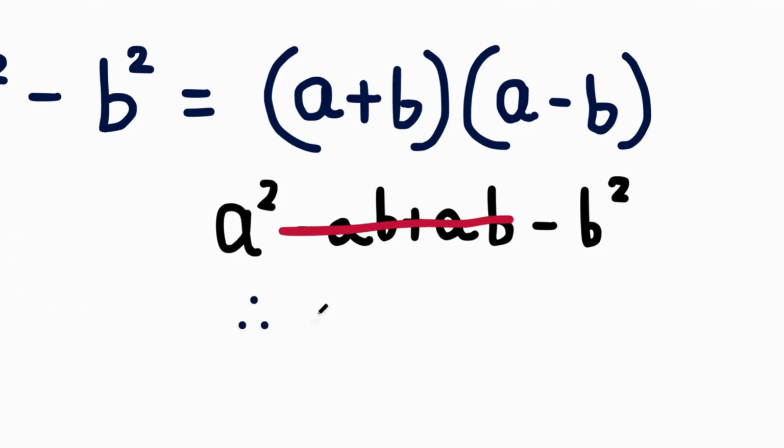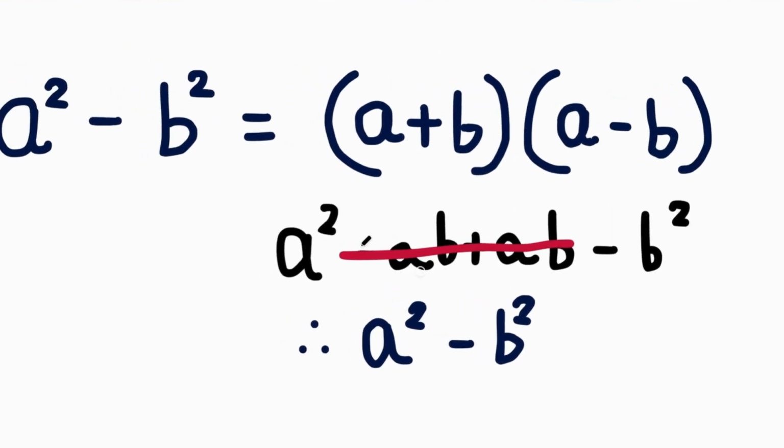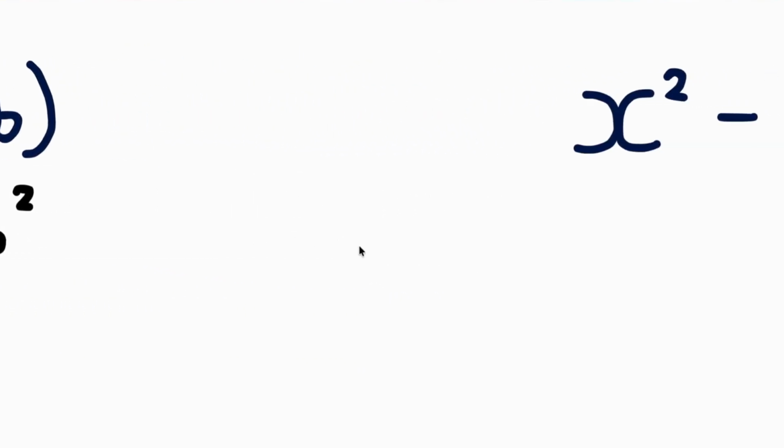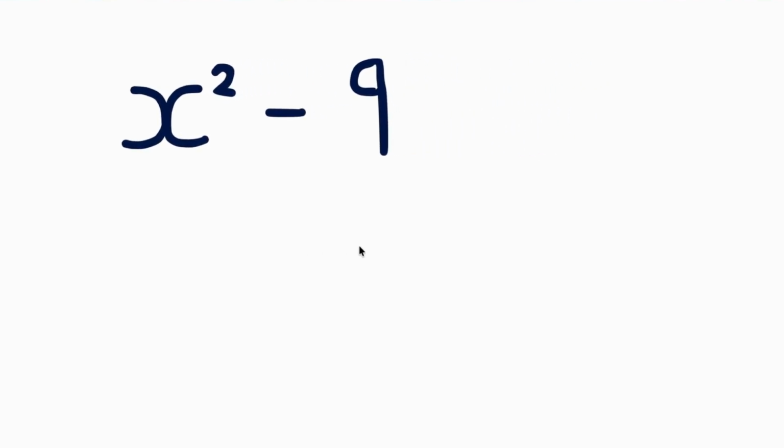So now that you know that this works, you can apply this rule to solving quadratics. So I'm going to give you a quick example now and see if you can follow the process using what we've just done. X squared minus 9.